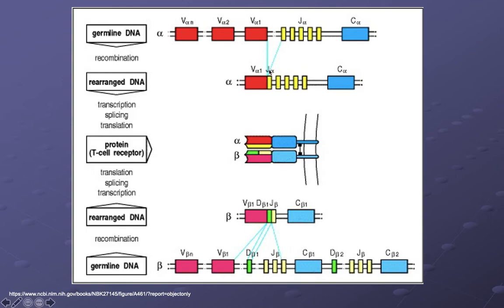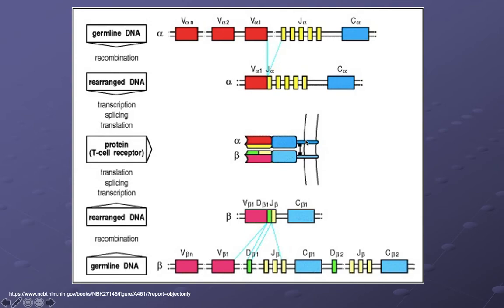You can see that the intervening sequences that are not really going to be transcribed, or not really important for the transcript, will be excised. Transcription and splicing of the variable joining exon to the constant alpha segment would generate the mRNA that is translated to yield the T cell receptor alpha chain protein.